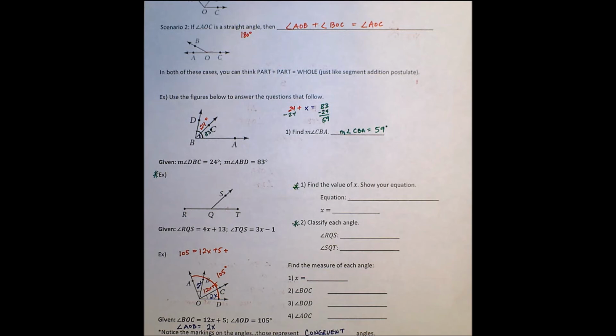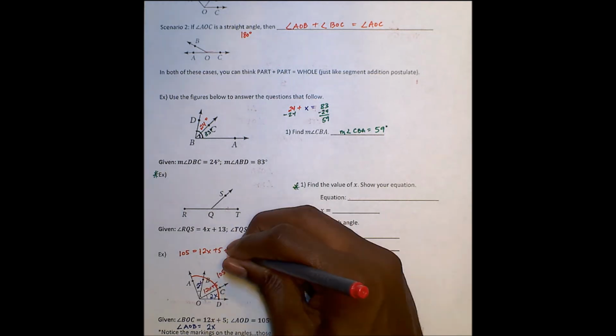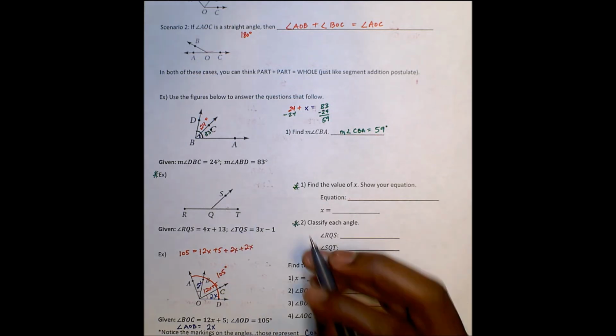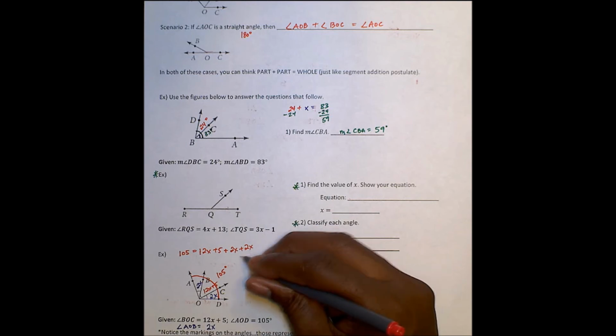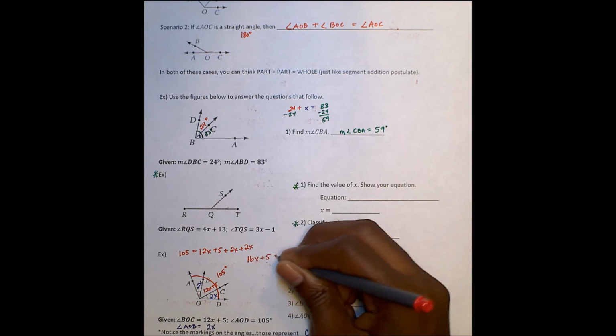Now we're going to use that information because I know that 12x plus 5, BOC, plus the other parts of this angle, 2x plus 2x, should equal 105. And so we get down to 16x plus 5 equals 105.